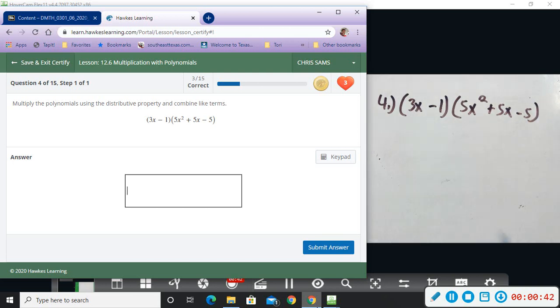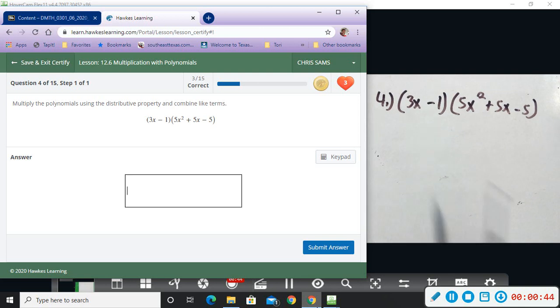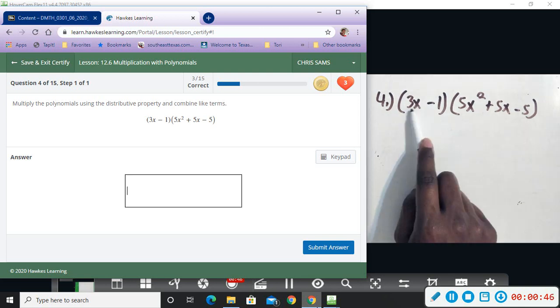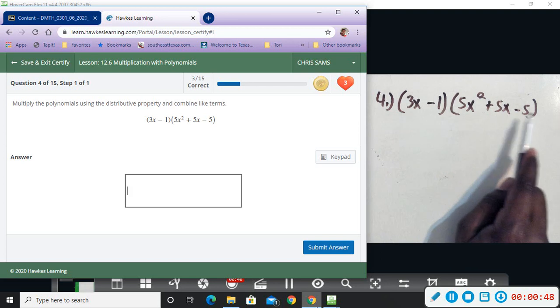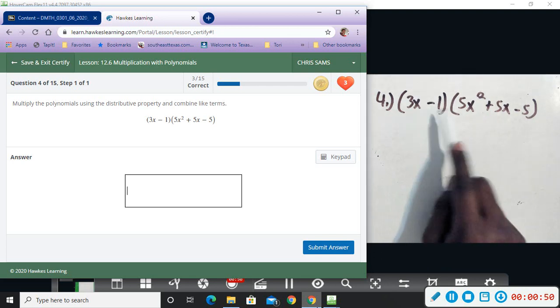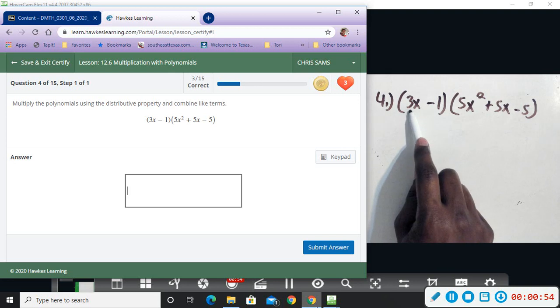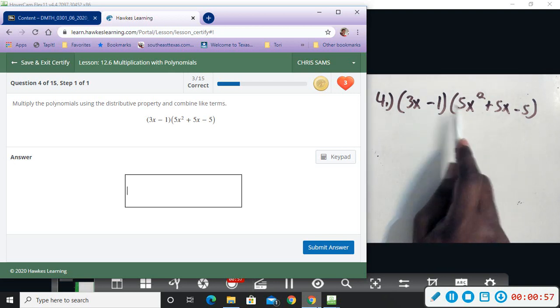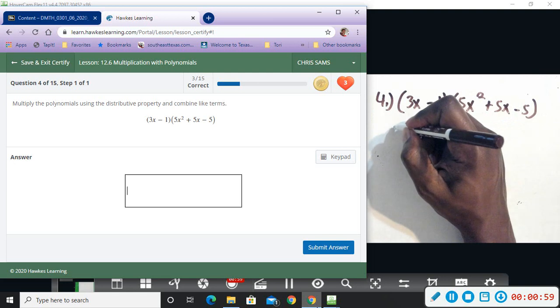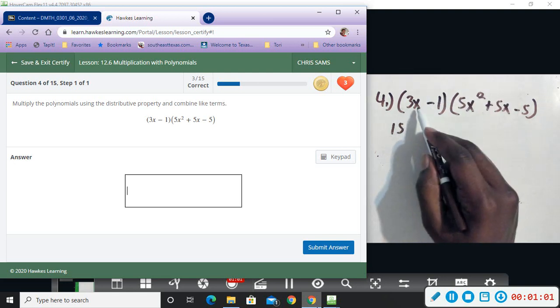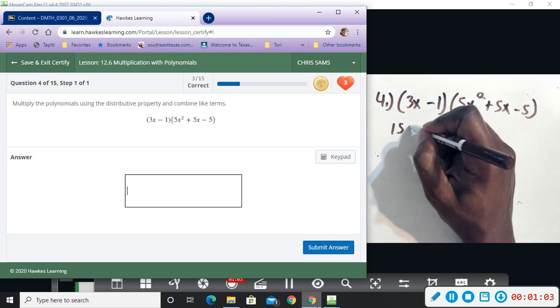Okay, so this time I'm just going to line up like terms instead of writing it all side by side. So 3x is going to multiply all 3 of these terms, and then negative 1, all 3 of them. And I'm going to line them up accordingly. So 3x and 5x squared, 3 and 5 is 15 when we multiply. We have 1x plus 2 gives us 3, so x to the third.